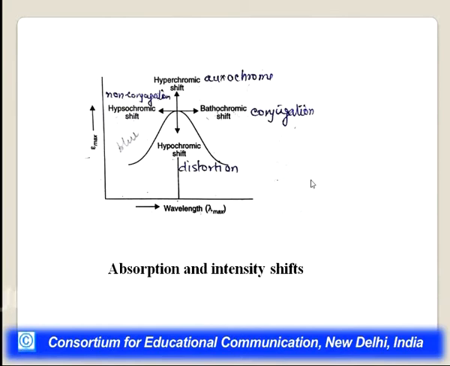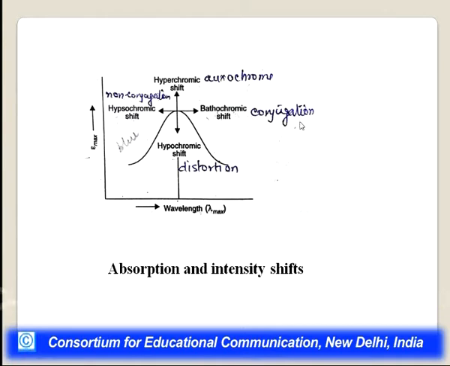Here you can see the overall summary of the shifts. This is the graph between epsilon maximum and wavelength. You can see the bathochromic shift. I have written that it is mainly due to the chromophoric effect, that is, the auxochrome or chromophore effect, or the effect of conjugation.